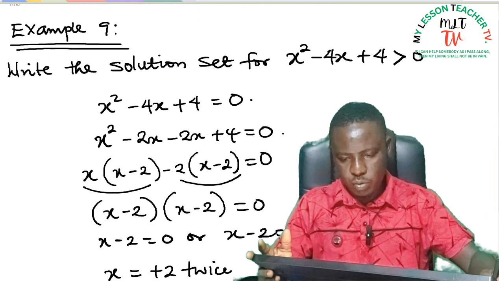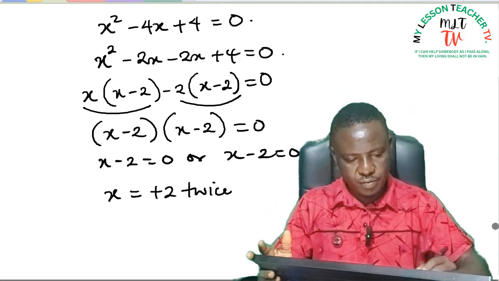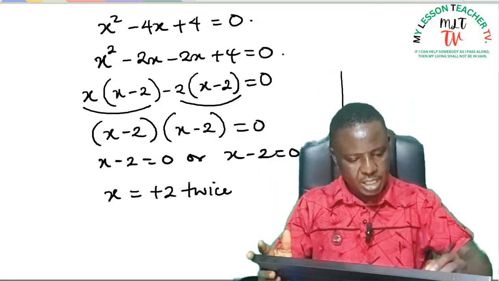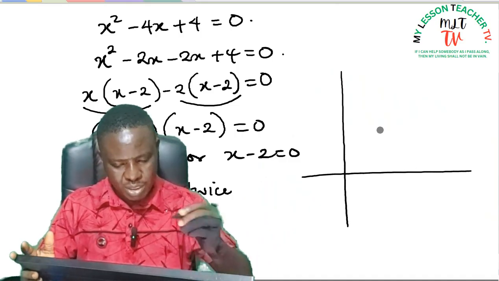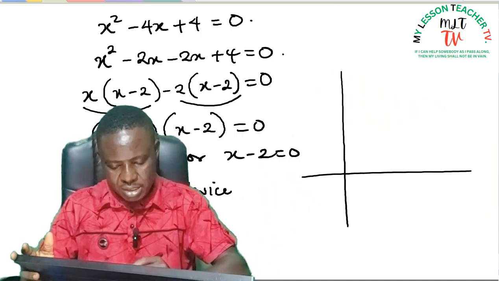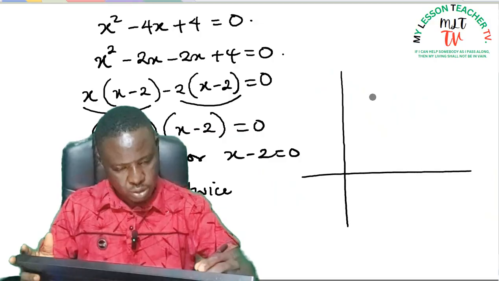Now, representing this on the graph, this is a U-shaped graph. And since x is 2 twice, it means that the parabola cuts across the x-axis only at this point.